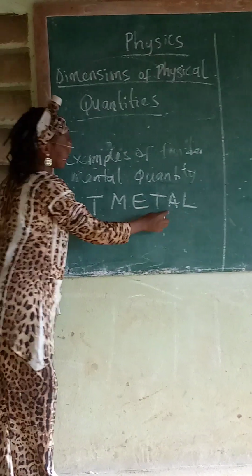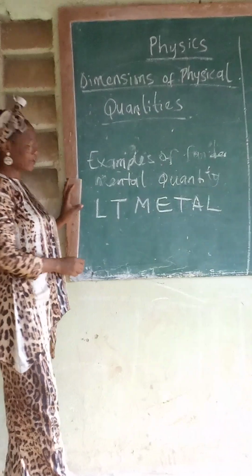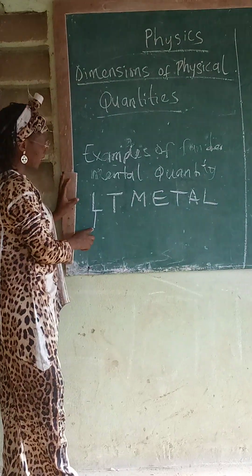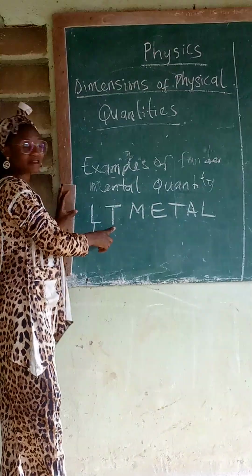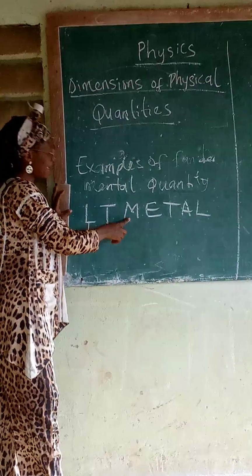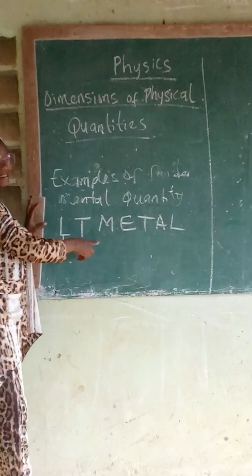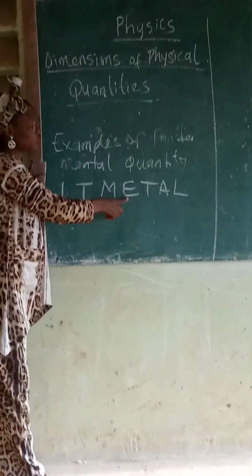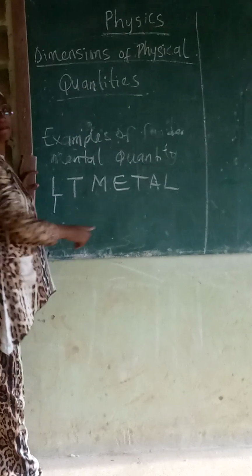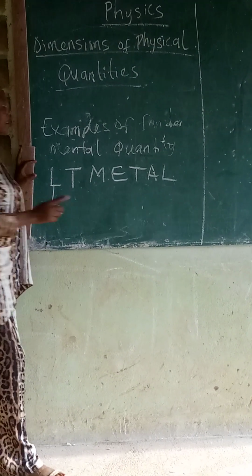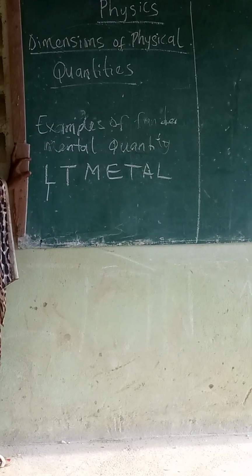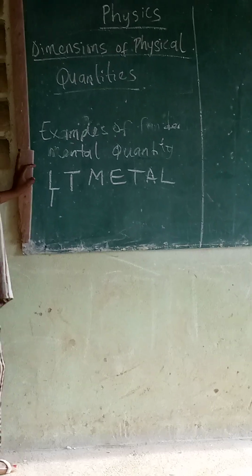Where L is for length, T for time, M for mass, E for electric current, T for temperature, A for amount of substance, and L is for luminous intensity.